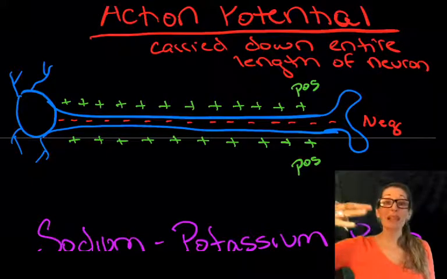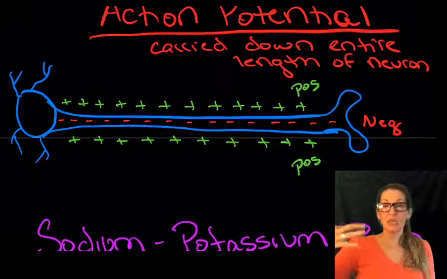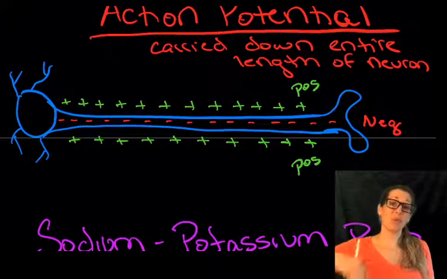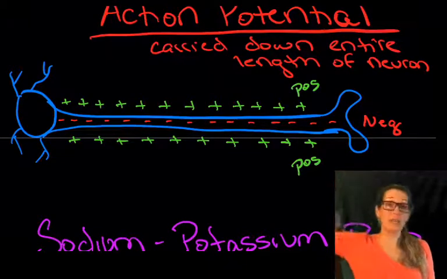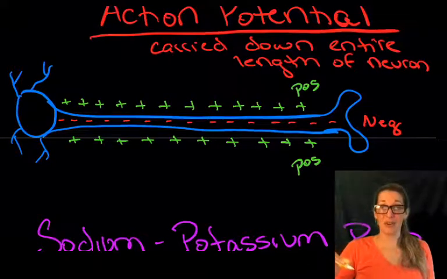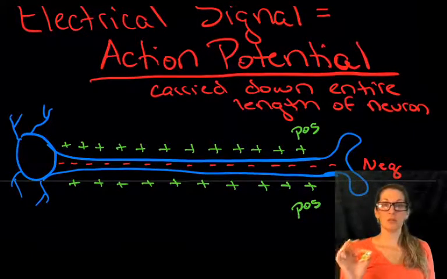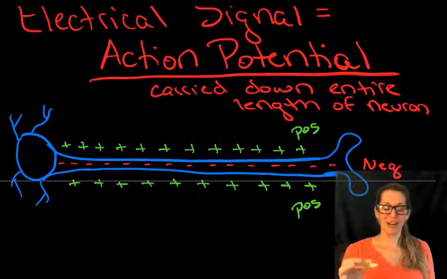So it's relative, right? We can't just say it's negative. It's negative in comparison to what? It's negative in comparison to the fluid surrounding the neuron. So the internal environment is negative, external environment is positive. And I just revealed the answer already.